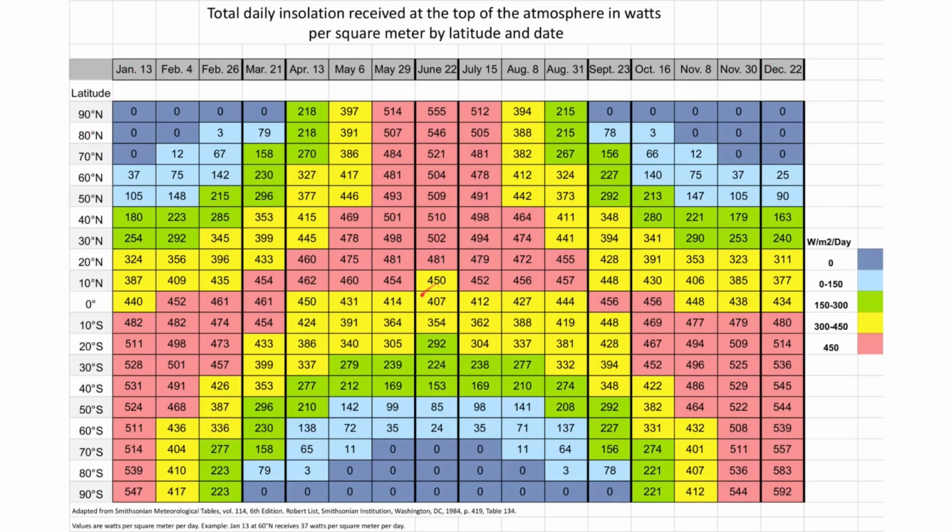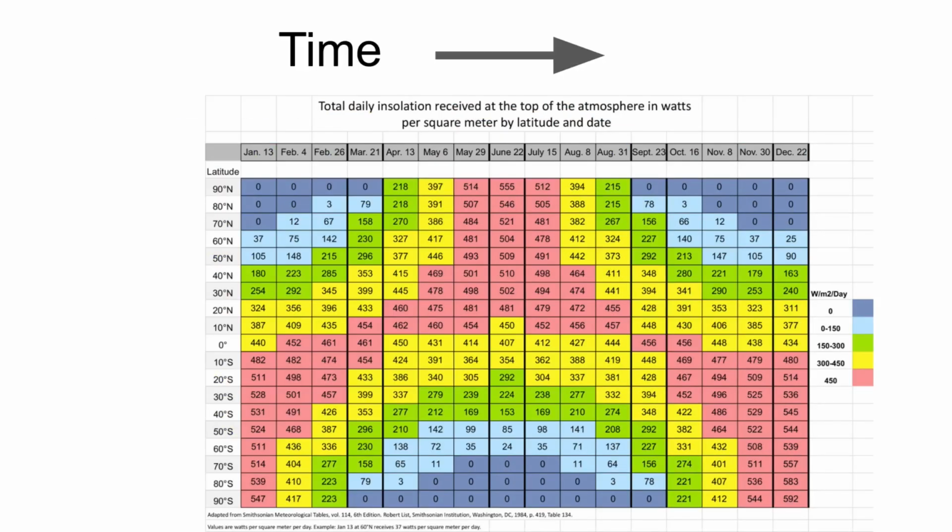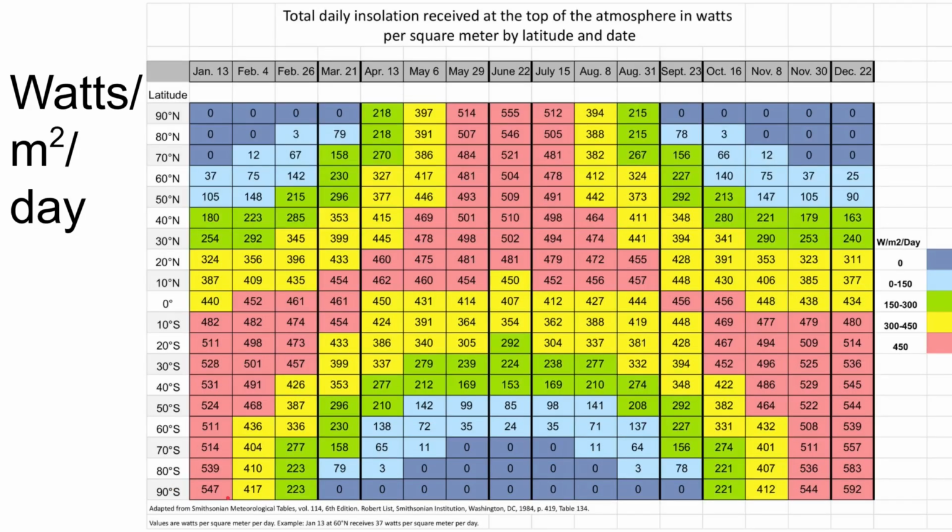So each entry tells you how many watts per day received at the top of the atmosphere for that latitude on that date. So time across the top and latitude across the left-hand side, going from the equator every 10 degrees up to the North Pole and then down to the South Pole. So again, the units are watts per meter per day.